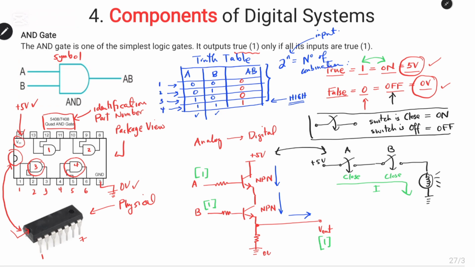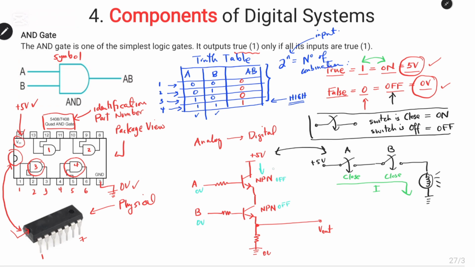And this is also important for you to understand. So let me briefly explain this truth table with respect to this diagram. For the first combination, both inputs are 0. That means if you apply 0 volts, this transistor will be off and this transistor will be off.